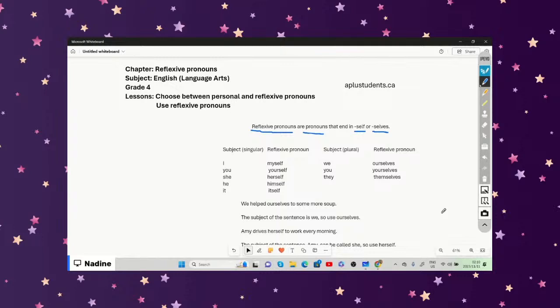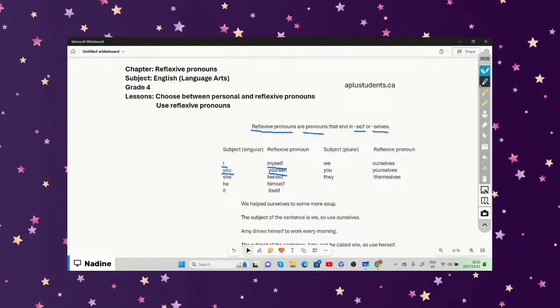So we said that a reflexive pronoun is a pronoun that ends in self, right? If I talk about myself, if I make mention of me or I, then it is myself. If we make mention of you, then it's yourself.